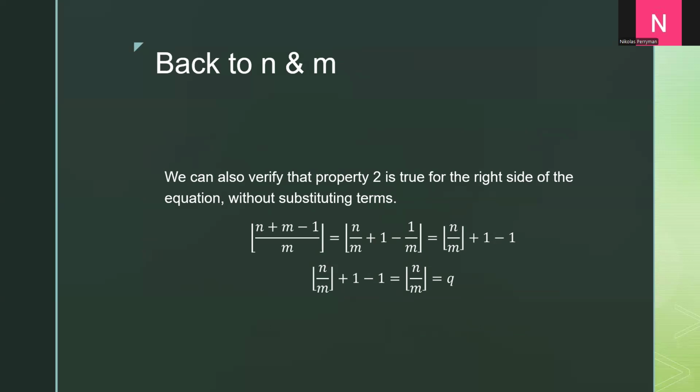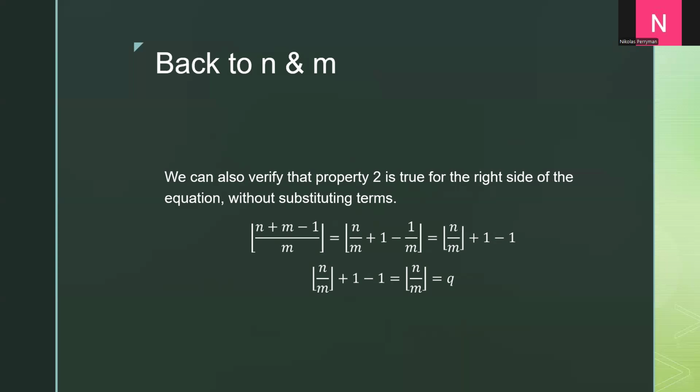Now, if we just want to verify that some of these things are still true, then we can just do some algebraic stuff. Just kind of verify that the second property, which just defined what q is, is true for this equation. And we also apply property 4 in here, which is the floor of x plus n equals the floor of x plus the integer n.